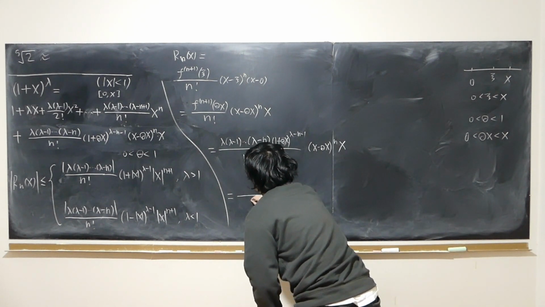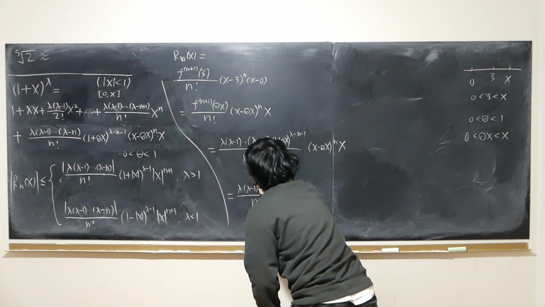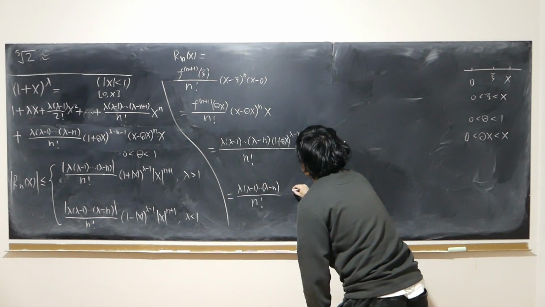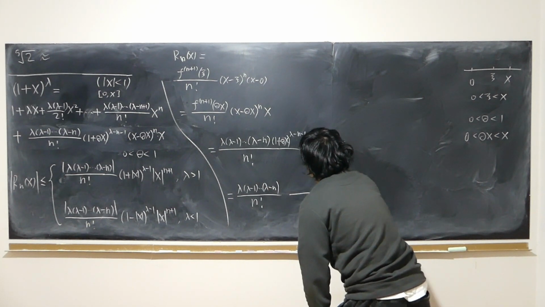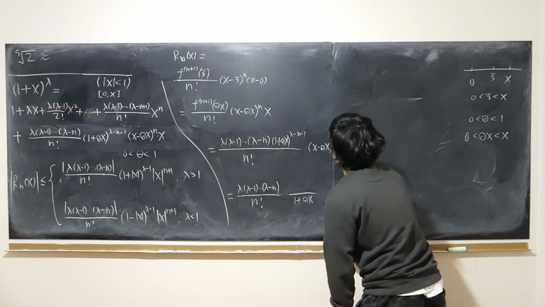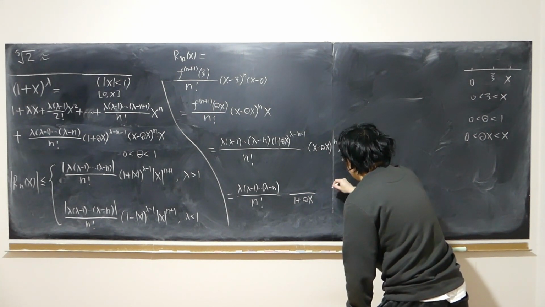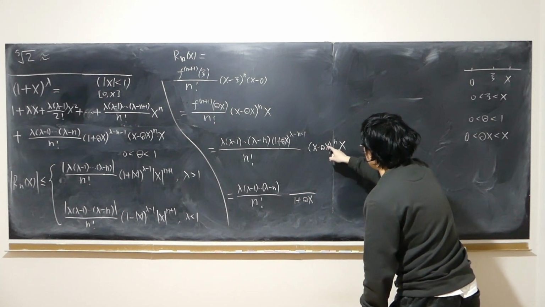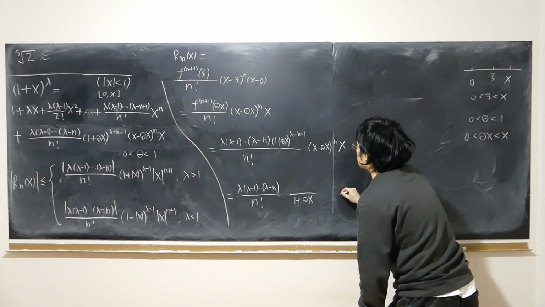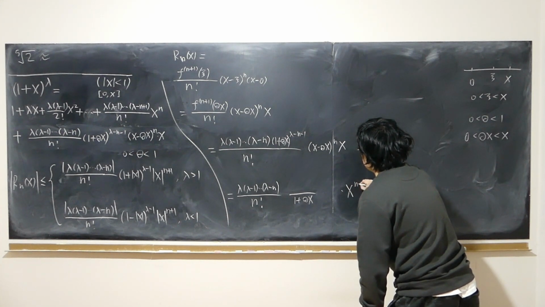So that is equal to lambda times lambda minus 1 all the way down to lambda minus n, over n factorial, and 1 plus theta x in the denominator. I extract x out: x to the power of n times this x, so in the end I have x to the power of n plus 1.